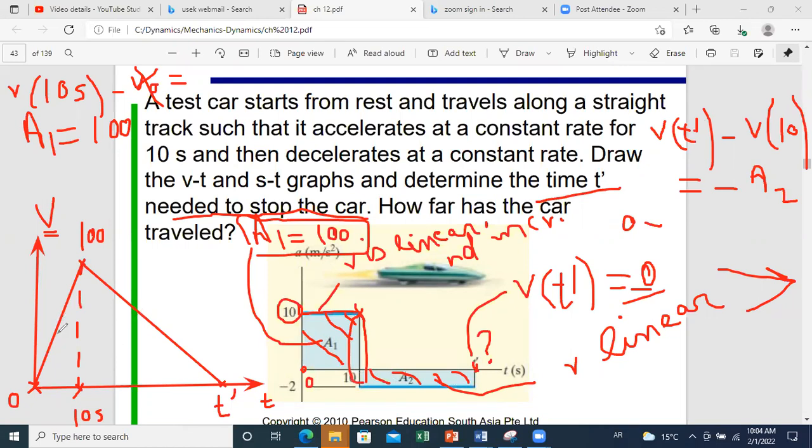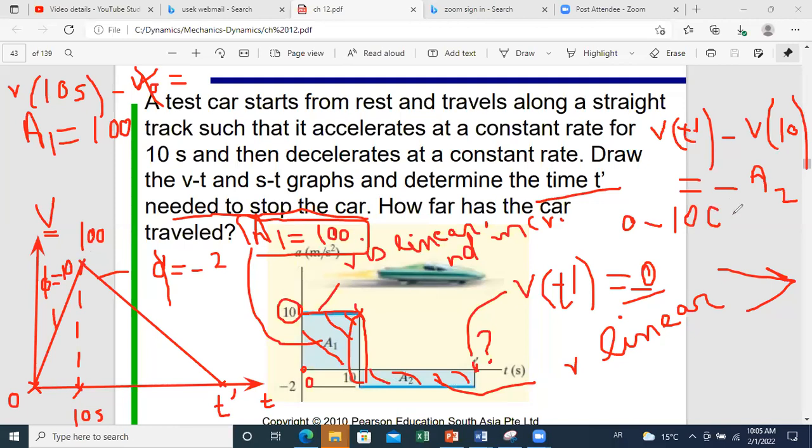In this part the slope was equal to 10, and suddenly at this point the slope changes, and in this zone I have a slope of -2. So what is discontinuous in the graph of v is the slope, but not the velocity. The velocity will not change suddenly; it will have a gradual variation. Now it will be reduced from 100 to 0. If I replace in the formula, it's 0 minus 100 equals -A2.